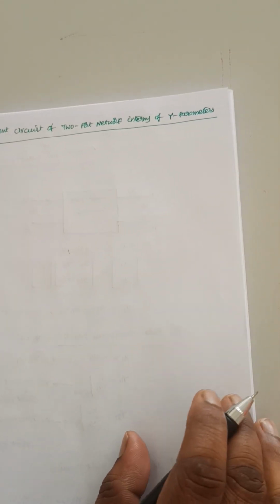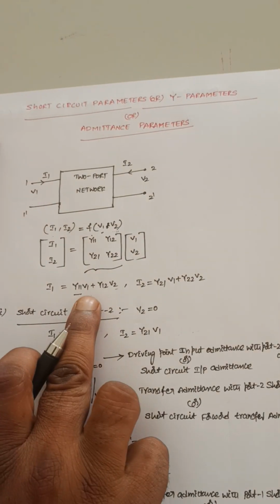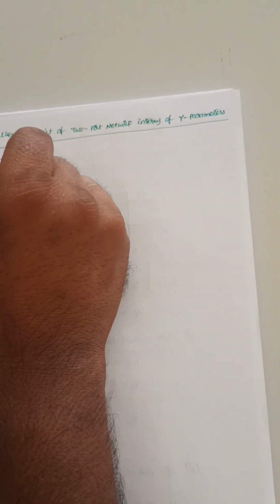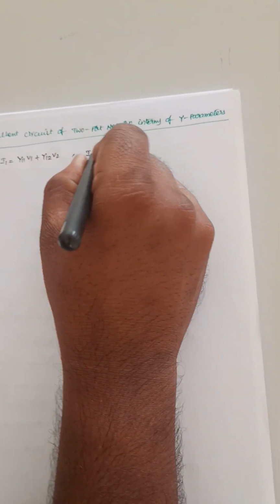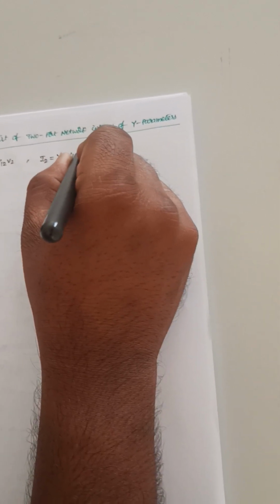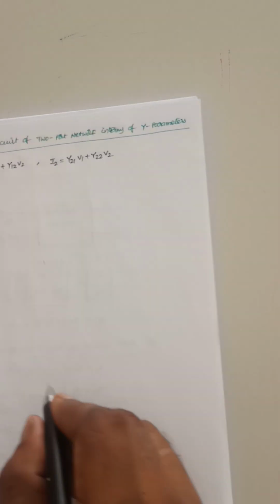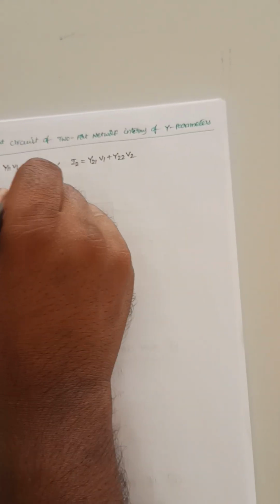We know from the equations that I1 is equal to Y11 V1 plus Y12 V2, and I2 is equal to Y21 V1 plus Y22 V2. Now this is a two-port network.